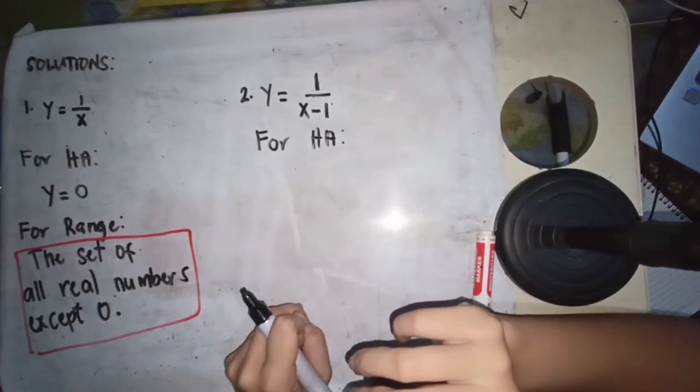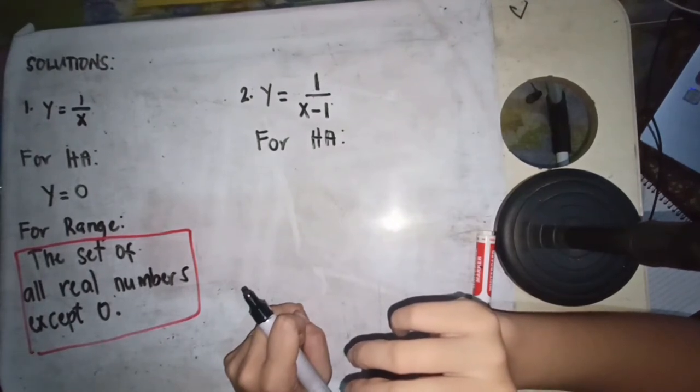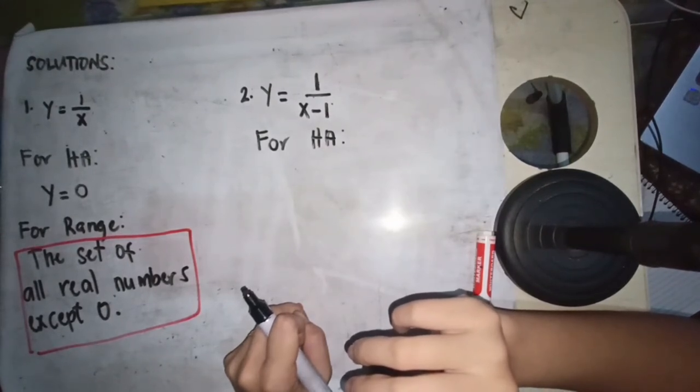So let's take a look at our given. Again, we have y equals 1 over x minus 1. Our numerator is a constant, and we have x minus 1 as our denominator. So the degree of our numerator, the constant 1, is less than the degree of our denominator, x minus 1.